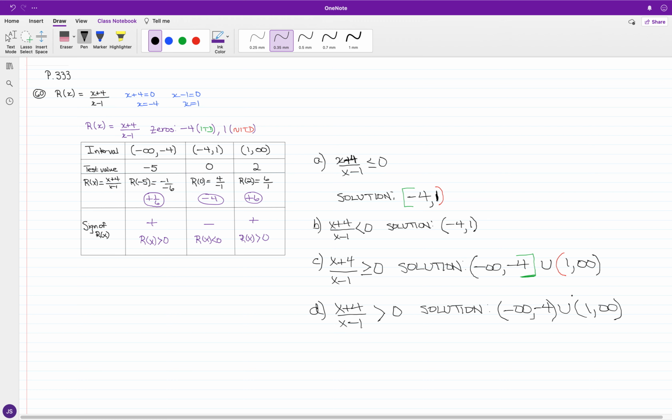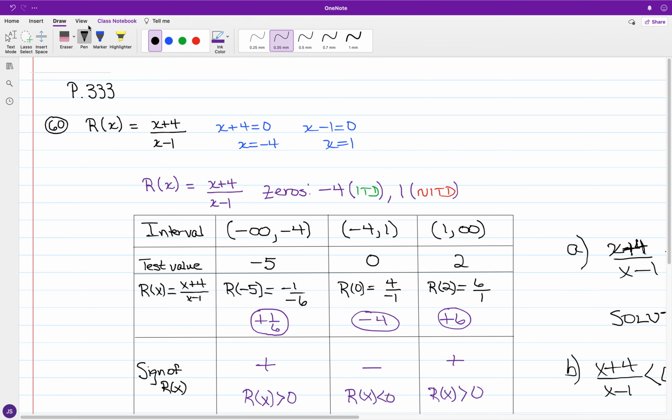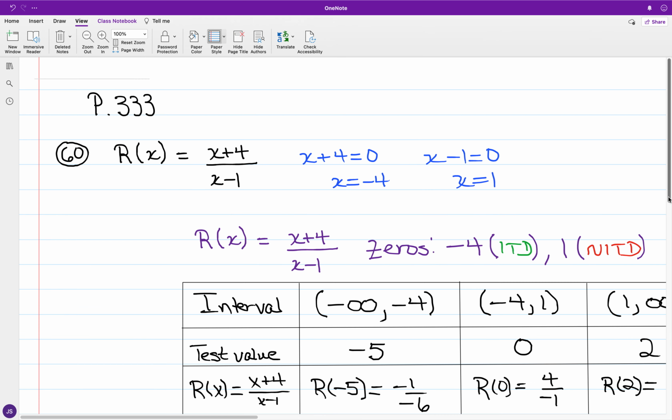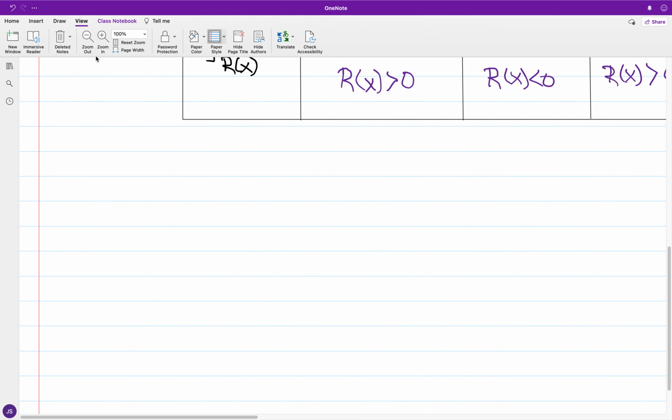So these would be the solutions among these inequalities compared to 0 with the rational function x plus 4 over x minus 1.